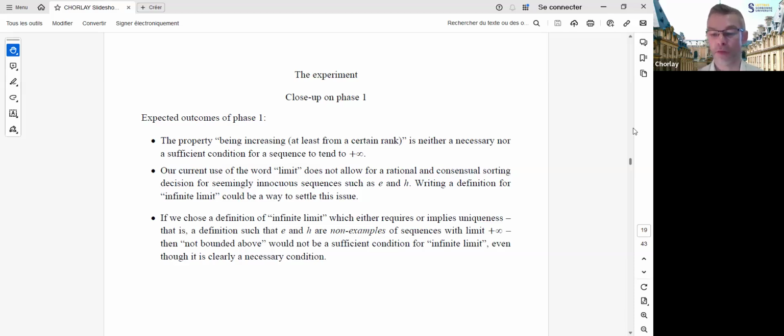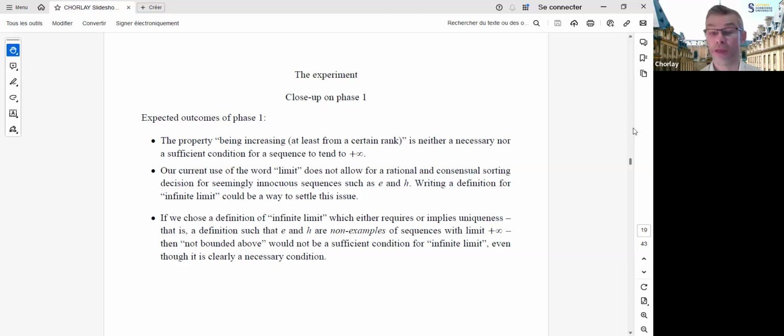Given what we knew of their experience and intuition and limited knowledge of limits. And so we would like to also acknowledge the fact that if we chose a definition of infinite limits which either required or implied uniqueness, that is, if we wanted to rule out E and H as non-examples of sequences with limit positive infinity, then not bounded above would not be a sufficient condition for infinite limit.